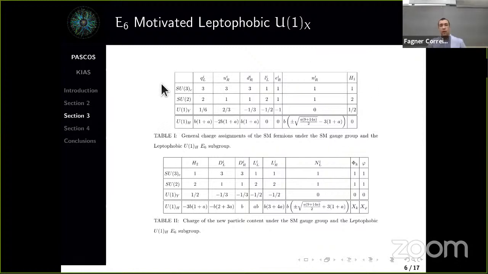So by following this, we find this set of solutions we have here. The first table is the standard model content plus right-handed neutrinos, right? And so here we have the known charges of the standard model gauge group component of our larger theory, and then here the U(1)_H charges, and here the exotic sector that we have.